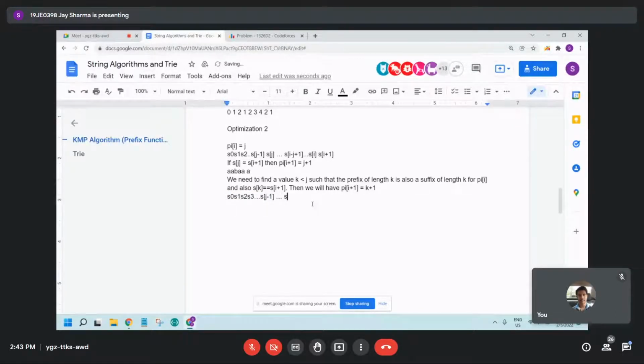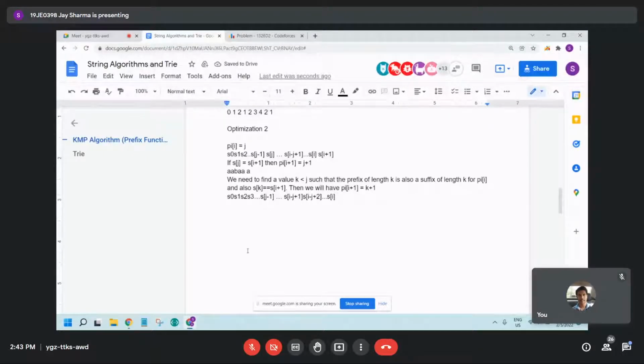Now let me show you how you can find such a value of k. So you had something like s of I minus j plus 1, then s of I minus j plus 2, and this goes up to s of I. Now suppose you have some value k.